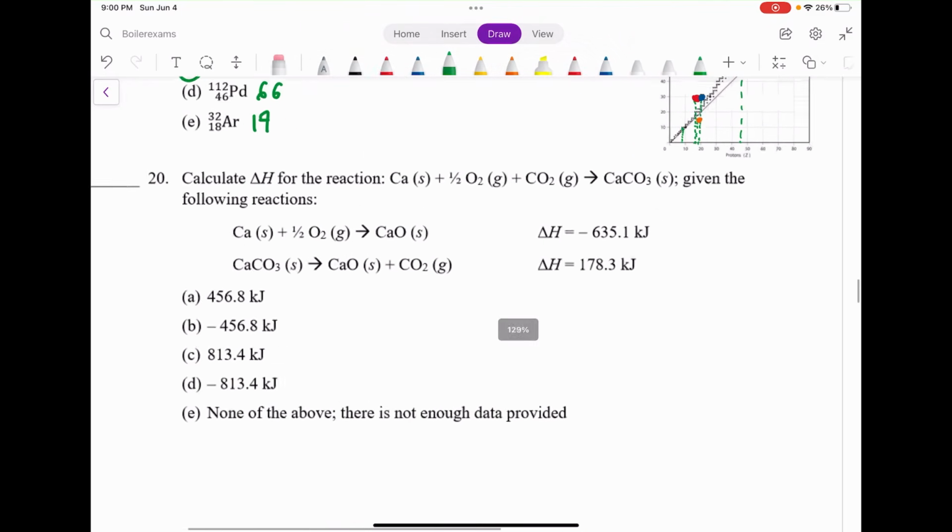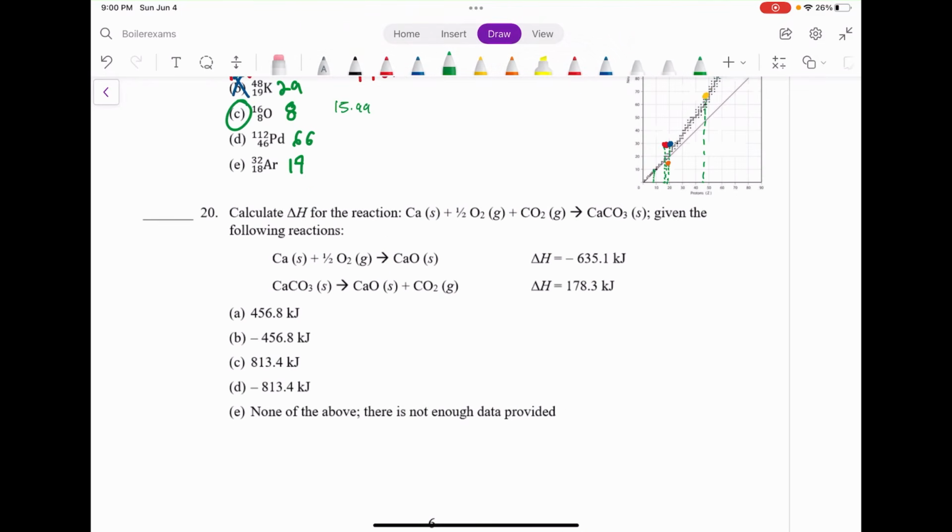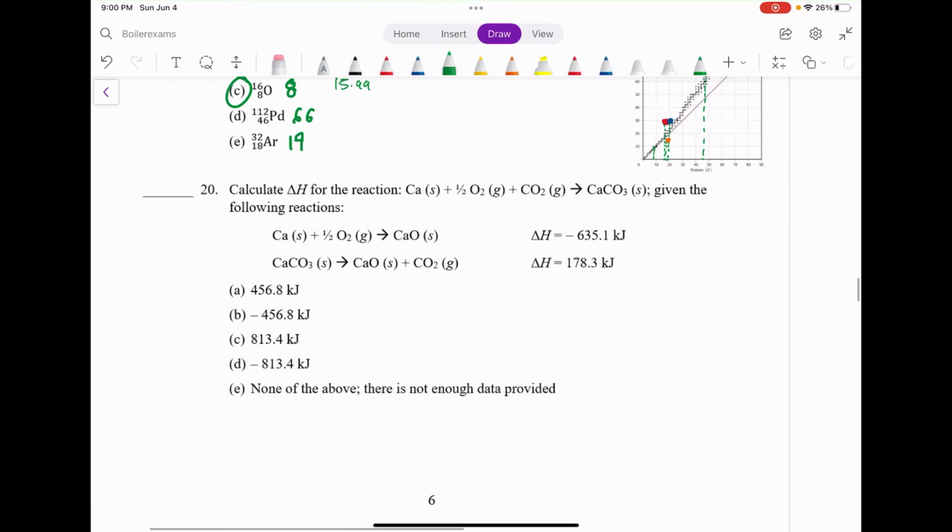20. Calculate the delta H for the reaction given the following reactions. Okay, so this relies on the knowledge that you can add together reactions to get the desired reaction, and when you do that, you can do the same thing with their delta H's.